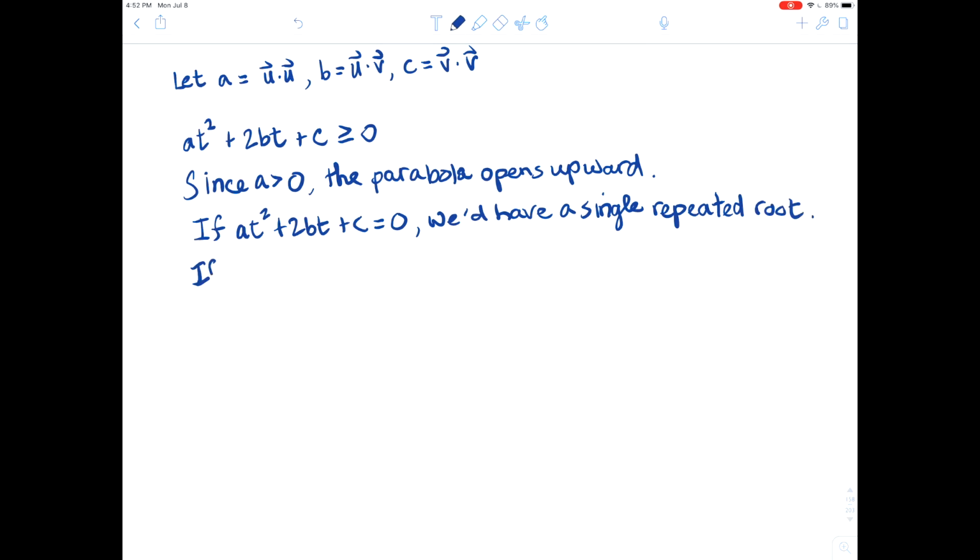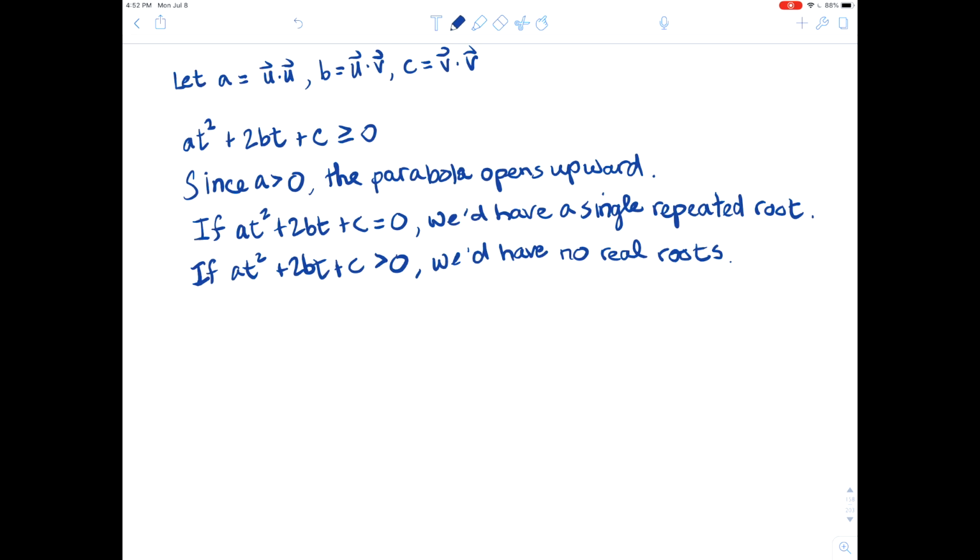If a times t squared plus 2bt plus c is greater than 0, we'd have what? No real roots. Groovy?